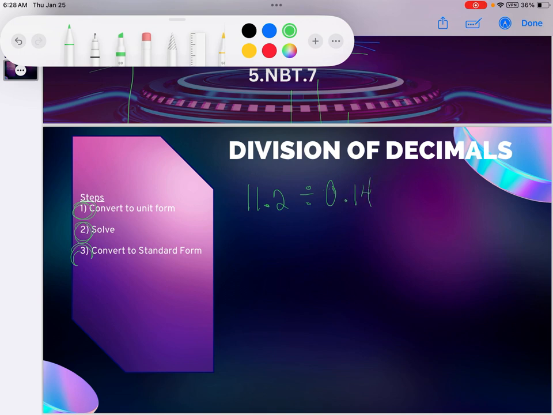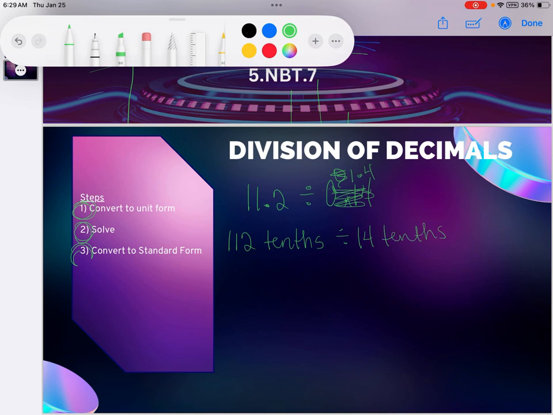Use those exact same 3 steps. So I'm going to say I have 112 tenths. And I'm going to divide it by 14 hundredths. I'm sorry, that's not supposed to be hundredths. That's supposed to be tenths. I apologize. Divided by 14 tenths.